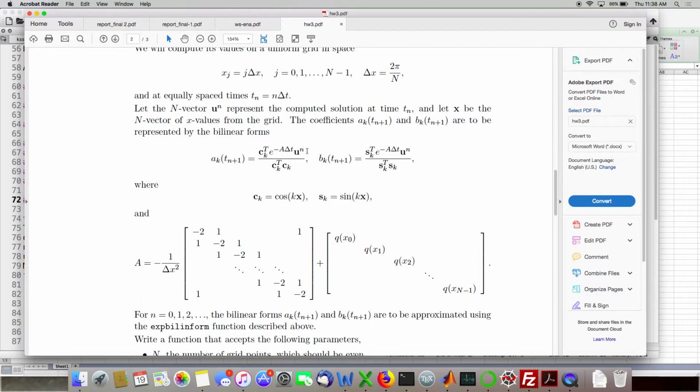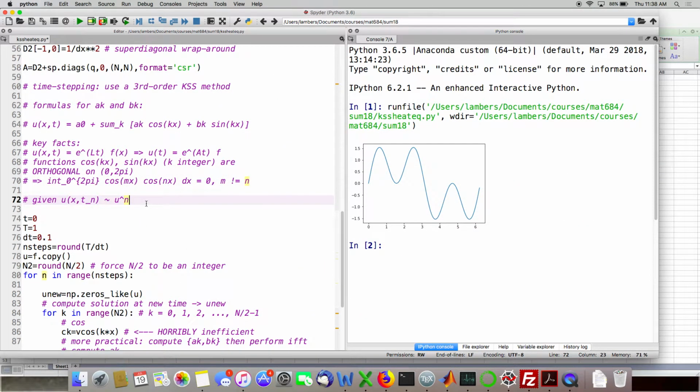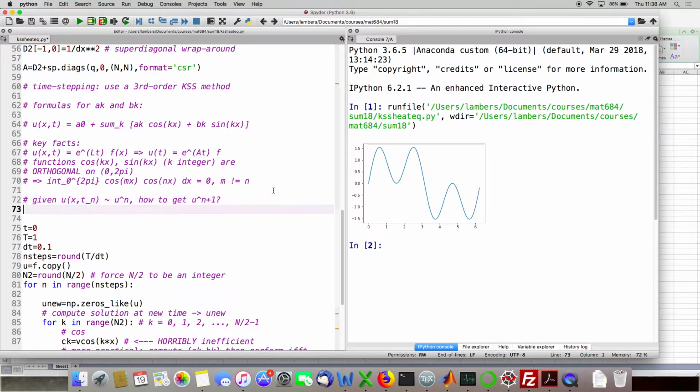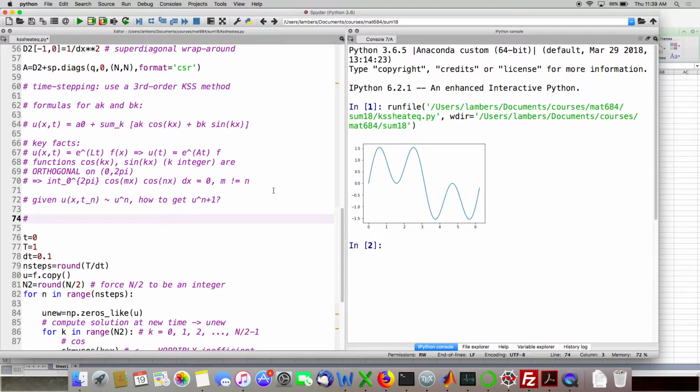So that's the solution at the current time, and we want the solution at the new time, un plus 1. So what I'll do is, keep in mind that un plus 1 is equal to e to the A delta t times un. So that's our starting point.